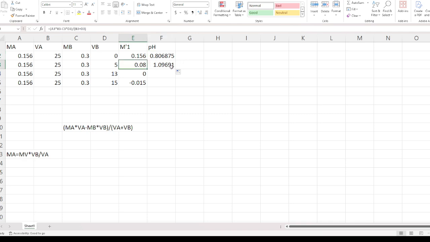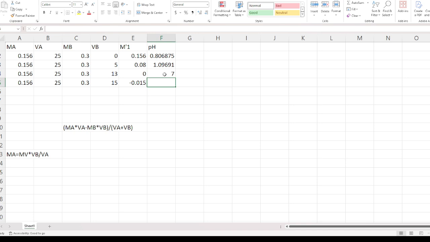Not a huge jump. If I try to solve this one, I'm going to get an angry sign. It's angry because it cannot calculate the negative log of 0. So it's just pH 7. That's the one thing you have to remember. You can't just solve that.